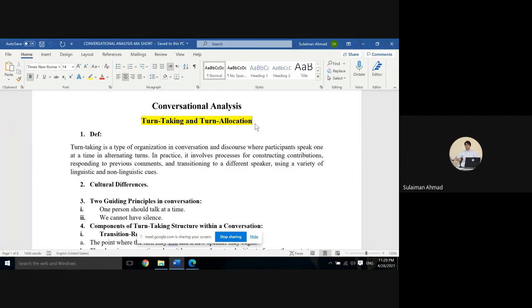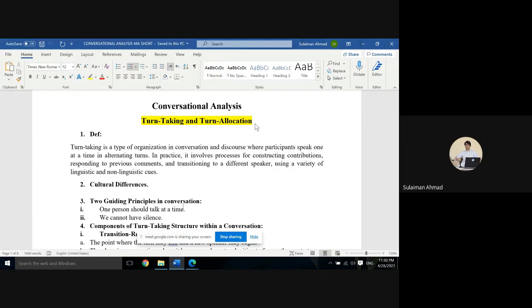Turn taking, this is something which we had talked about when you were in your first semester, if you remember. There was a very brief discussion on this, and I think before the midterm exam, also we have had a brief discussion on turn taking, right?